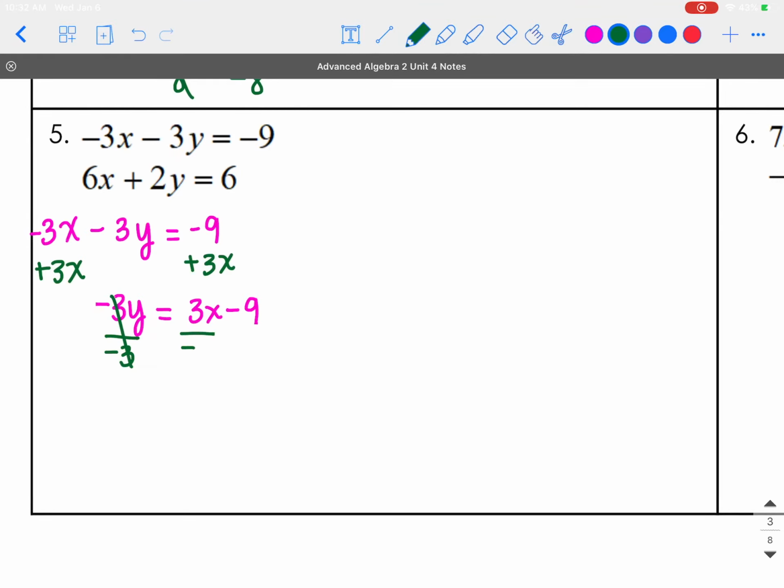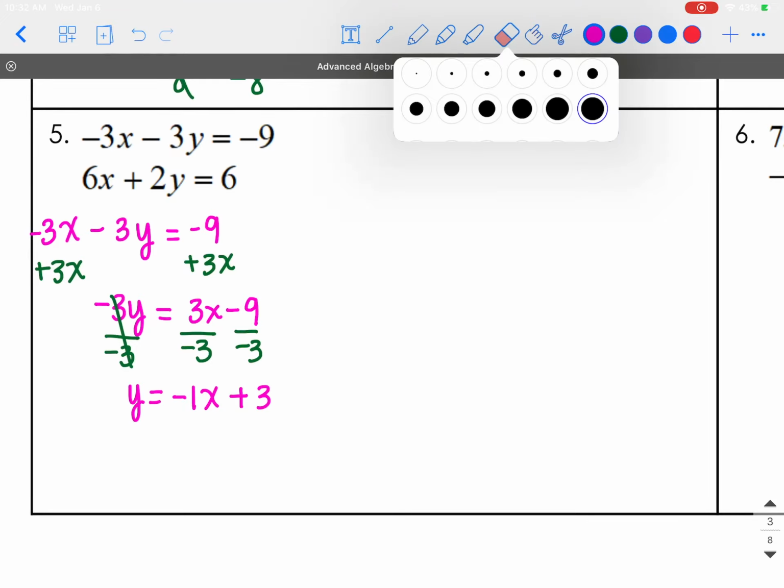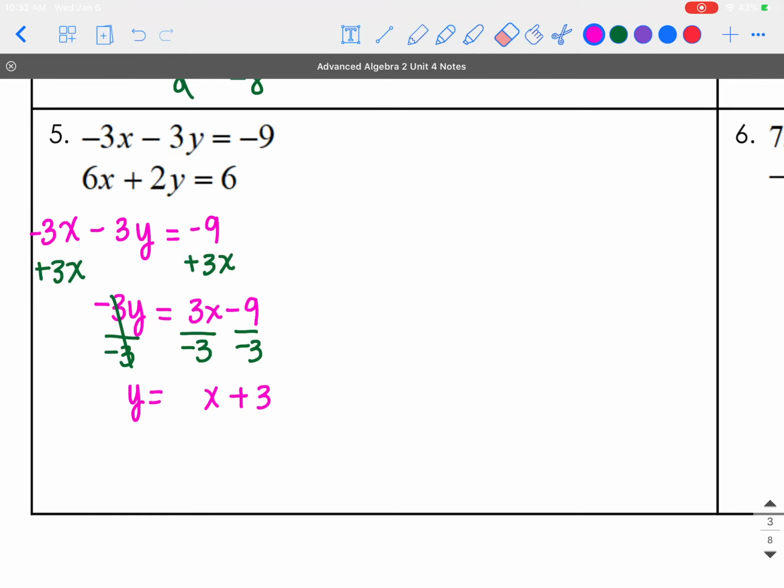And divide by -3. So we get y equals negative, and really I didn't need to put that 1 there, negative x plus 3. So that's the one that I'm going to highlight because that's the one that has the y by itself.